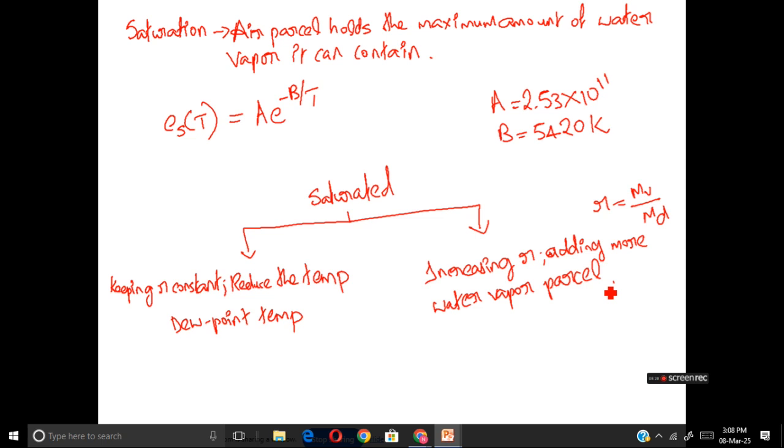When we talked about adding more water vapor to the parcel, we learned another type of temperature, the wet bulb temperature, which is measured using the wet bulb thermometer. It is different from the dry bulb thermometer because it has a moist cloth covering the mercury bulb at the bottom of the thermometer. By evaporation of moisture from the cloth into the air parcel close to the thermometer, the parcel will eventually become saturated.